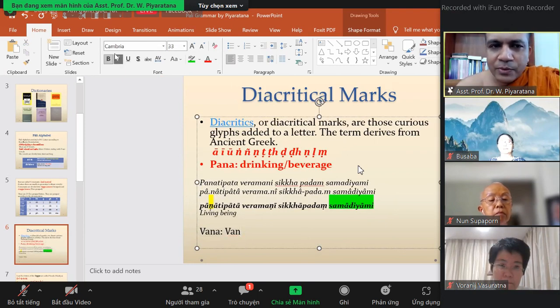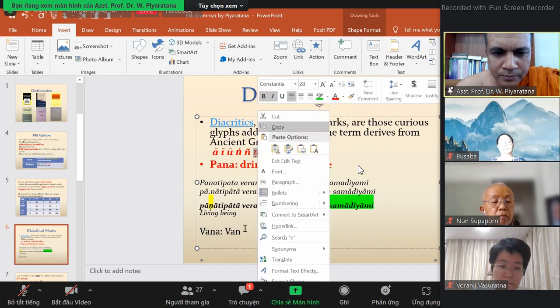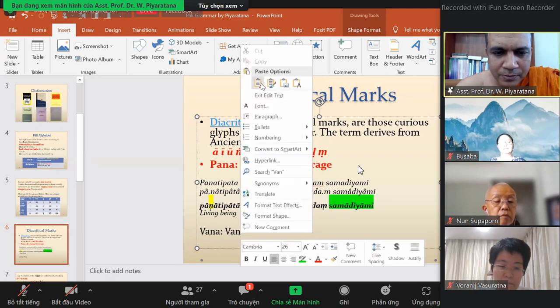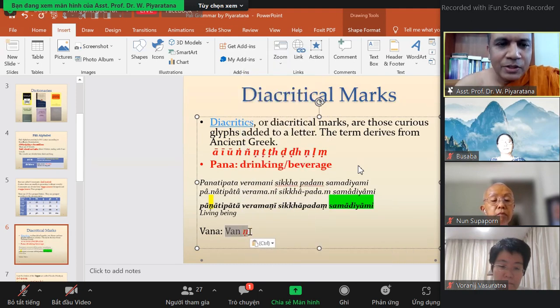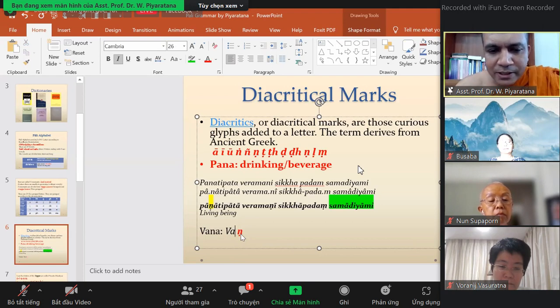Vana and vana. If you see the pronunciation, they are the same. Without any concern, if you pronounce vana and vana, they are the same pronunciations.